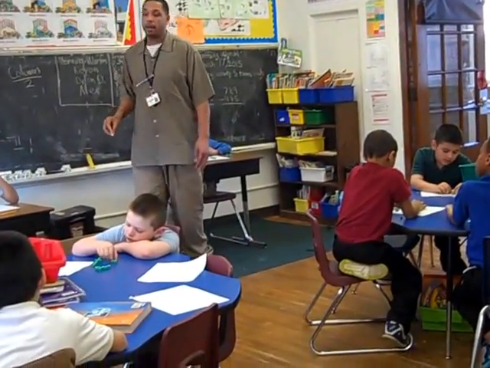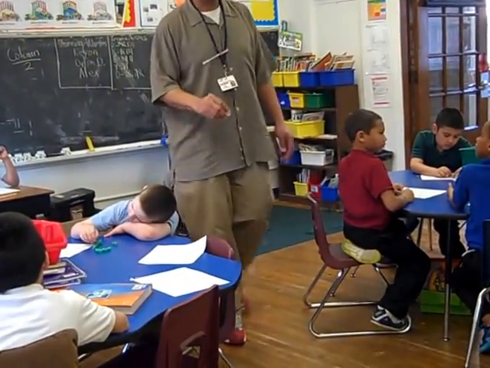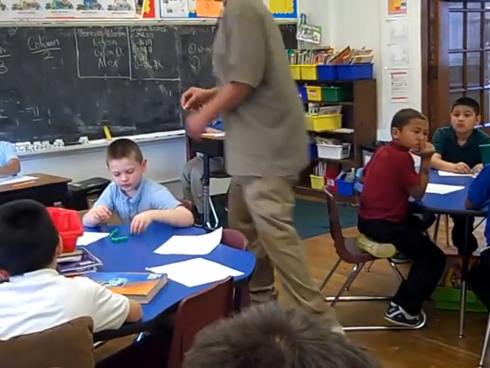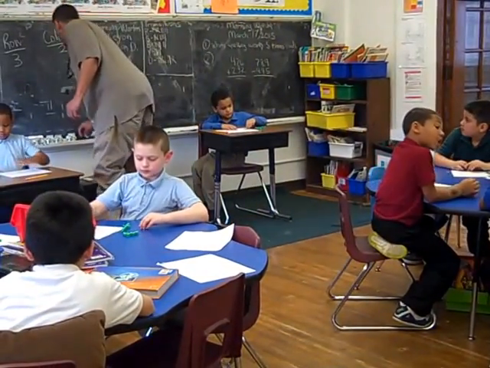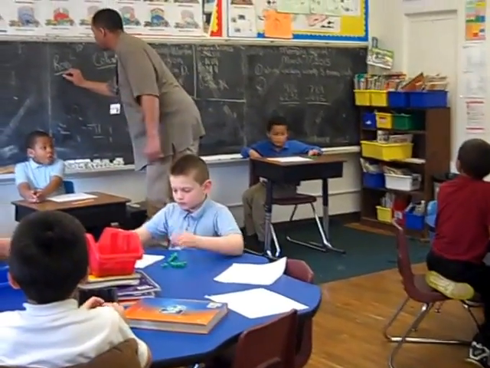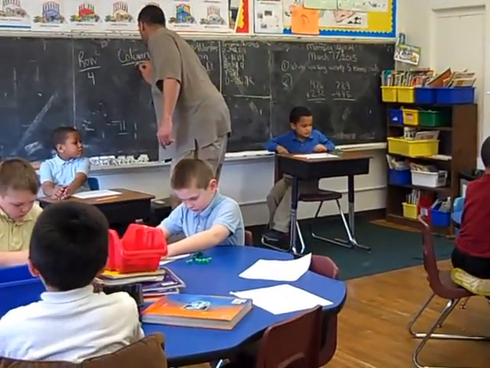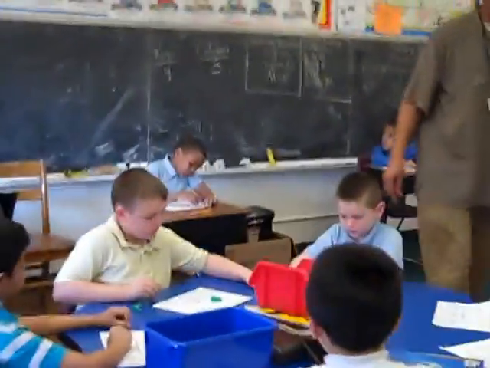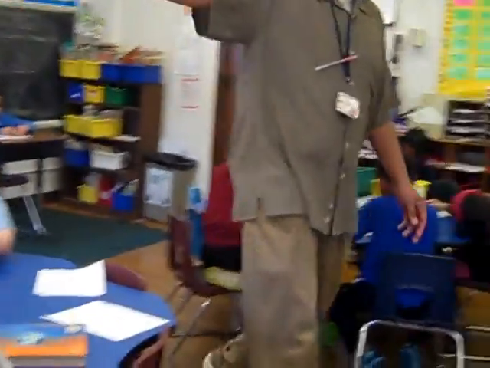All right, now, class, show me, let's go with 4 rows, 3 columns. 4 rows, 3 columns. Rows are straight across, columns are straight up and down.